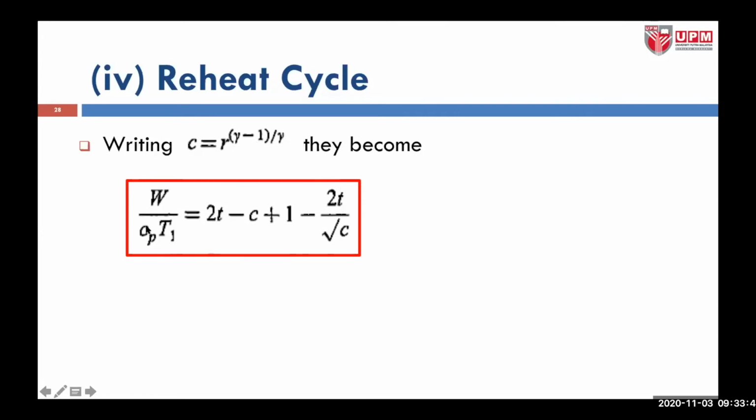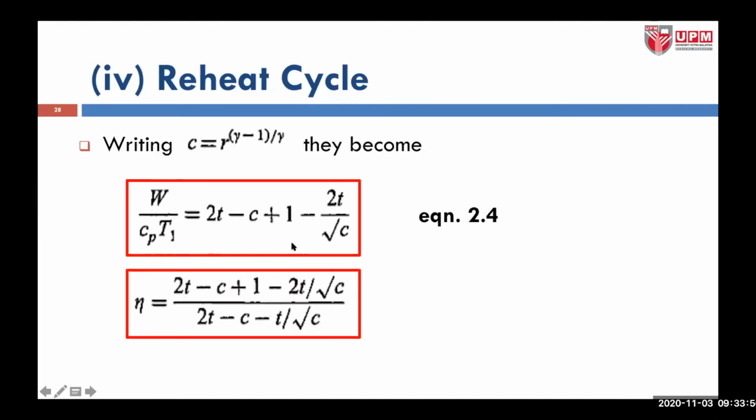You can put all of this back inside, but to make life easy, we just rename it as small c. This is equation 2.4, and we rearrange that to get equation 2.5.